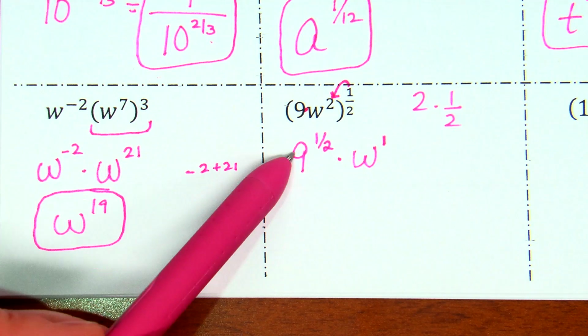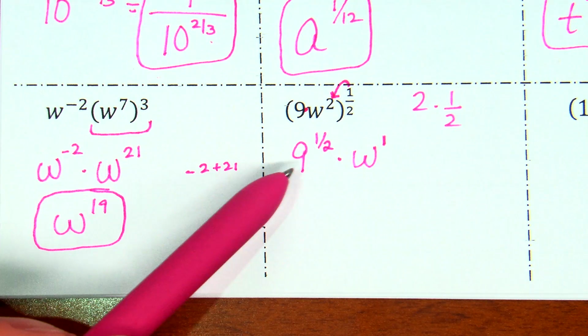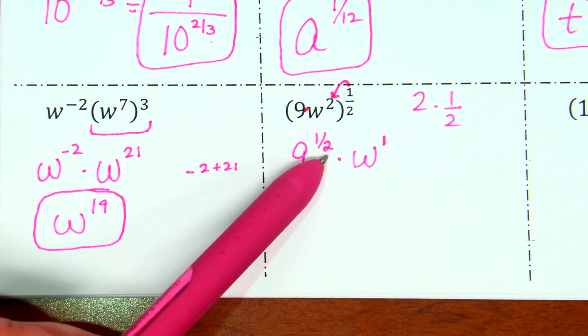What I tend to teach is, if there's a 2 in the denominator, that says to take the square root. Can we do the square root of 9? What's the square root of 9? 3. In other words, what number times itself, yes? So 9 to the 1/2 is going to be 3.